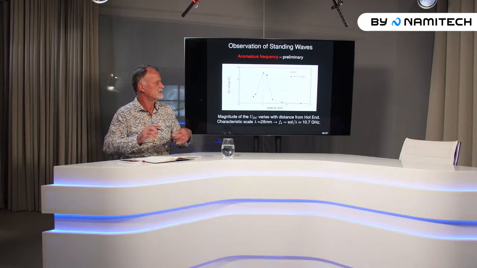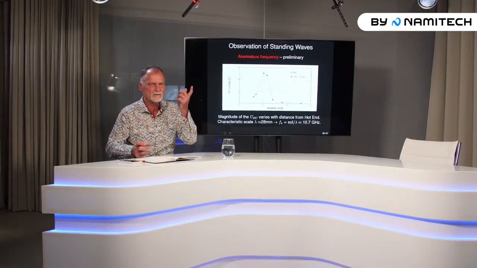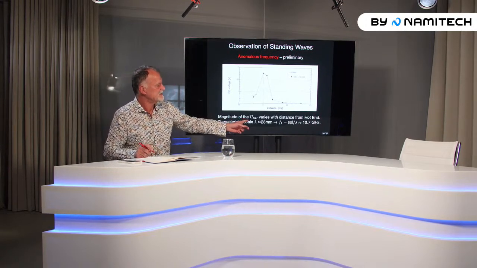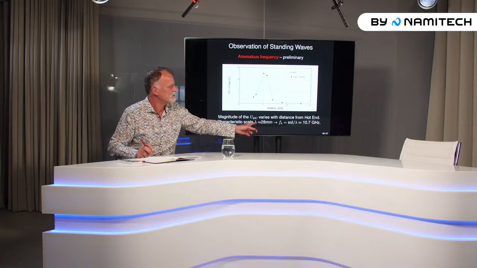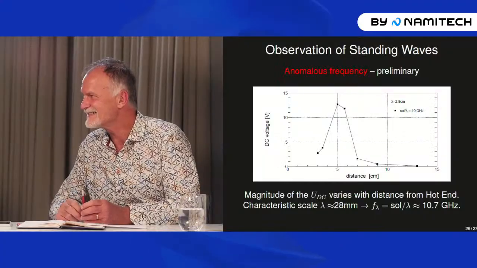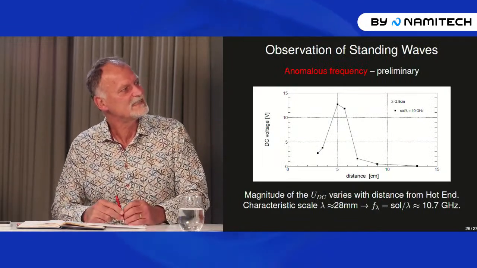If you then recalculate using the speed of light in vacuum what the frequency would be, you get that the characteristic frequency for that scale would be 10.7 gigahertz, right? So in my opinion, a very interesting observation.